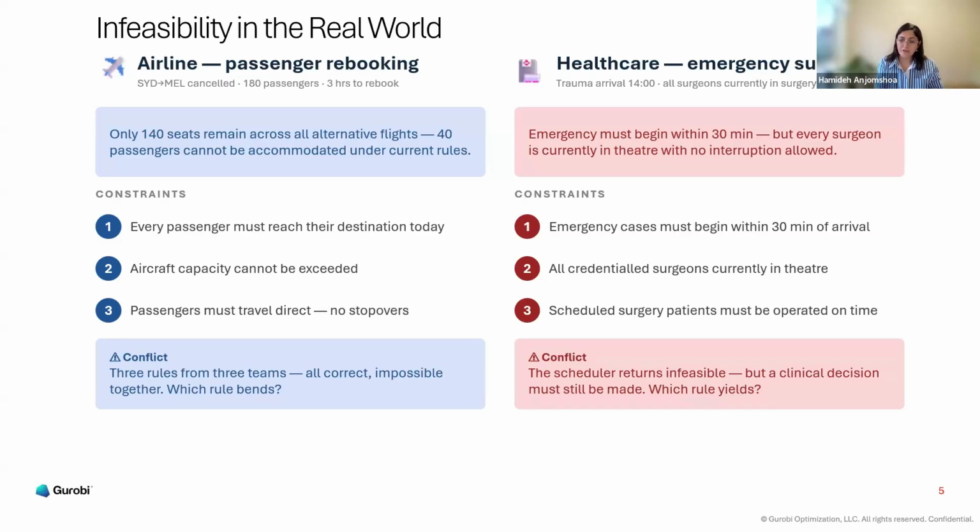And the patients that have been scheduled to be operated on cannot be delayed. They have been fasting and other rules apply as well. So maybe they cannot be delayed. These are the three things they try to consider at the same time, and the optimization will tell you there's no solution, so you have to think about which one you can play around with.